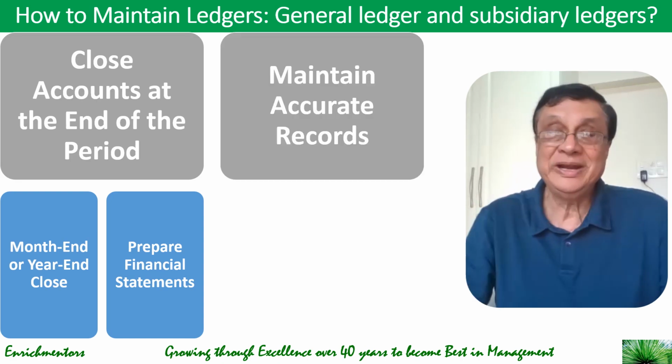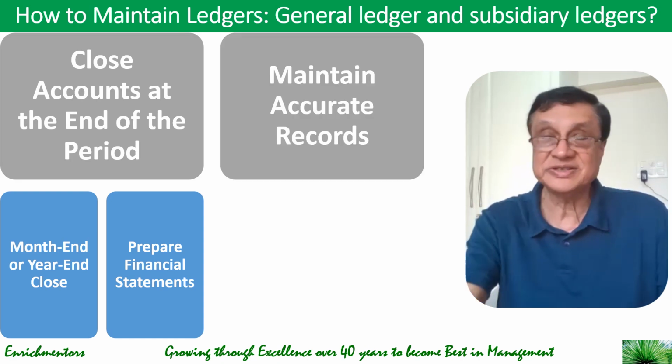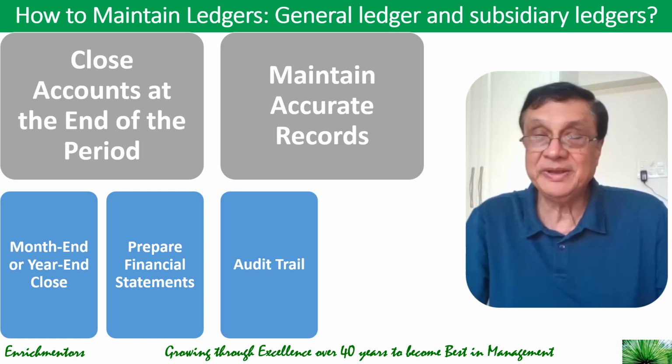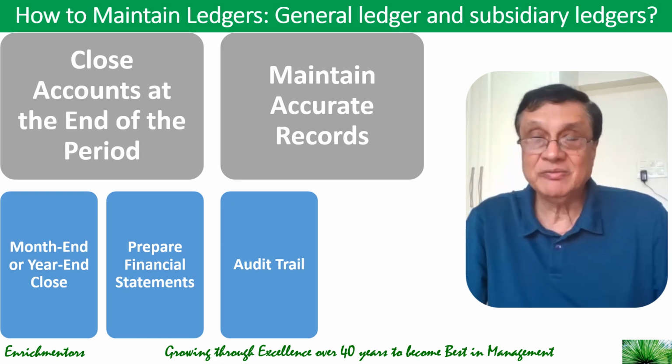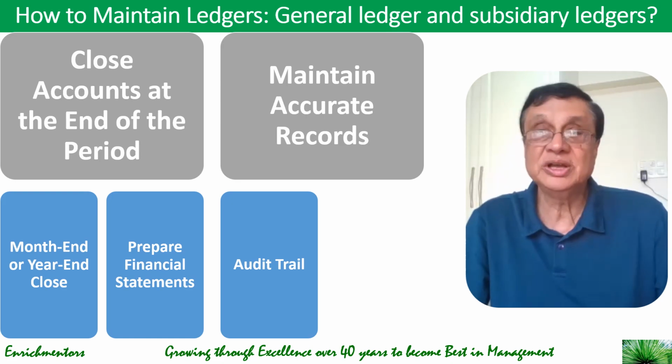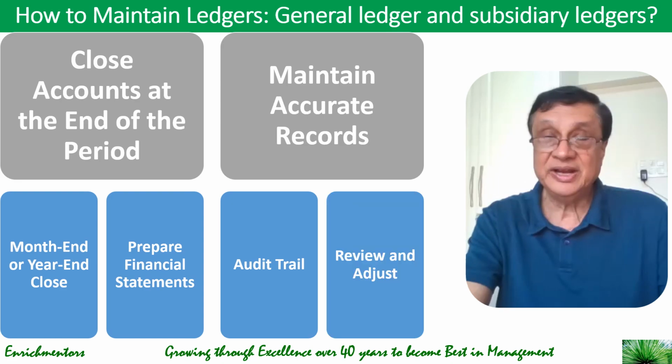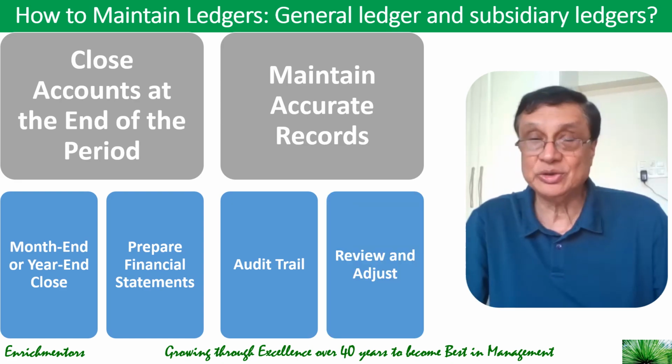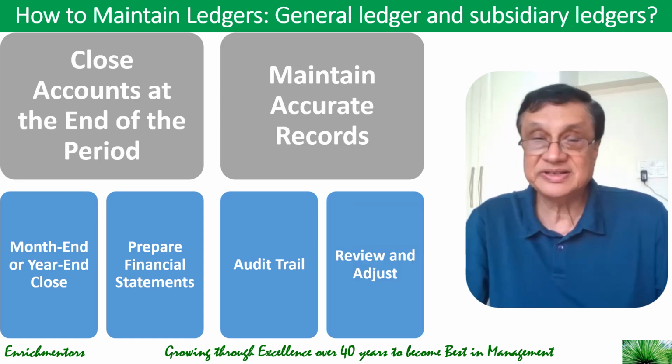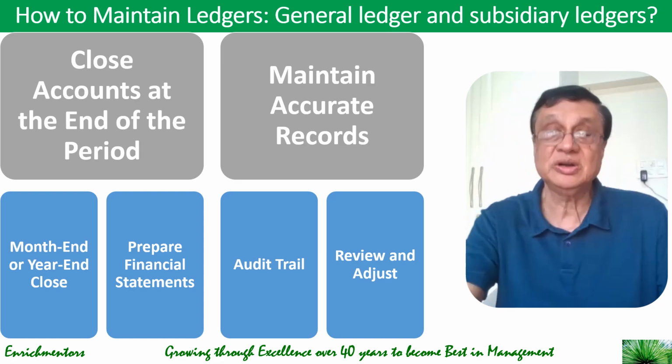And obviously you maintain accurate records on an ongoing basis, and there the two things you can do: one, use an audit trail. Keep an organized audit trail by maintaining all supporting documents like invoices and receipts that correspond to the ledger entries. And two, periodically review the ledgers for accuracy and make necessary adjustments to correct any errors or discrepancies.